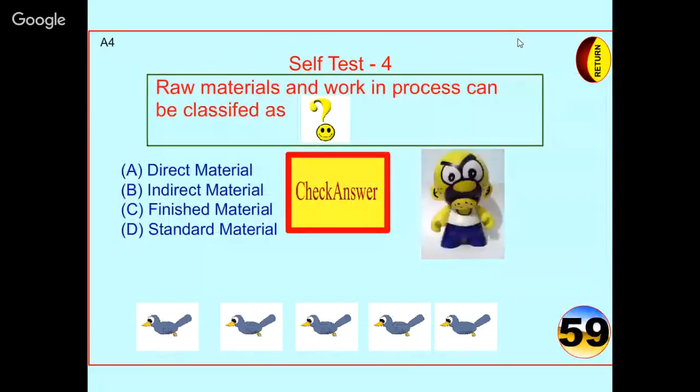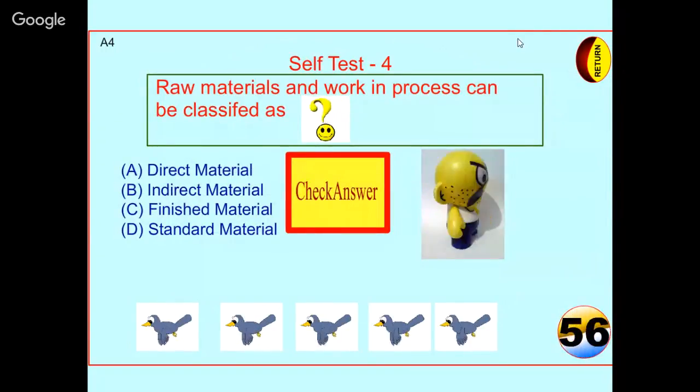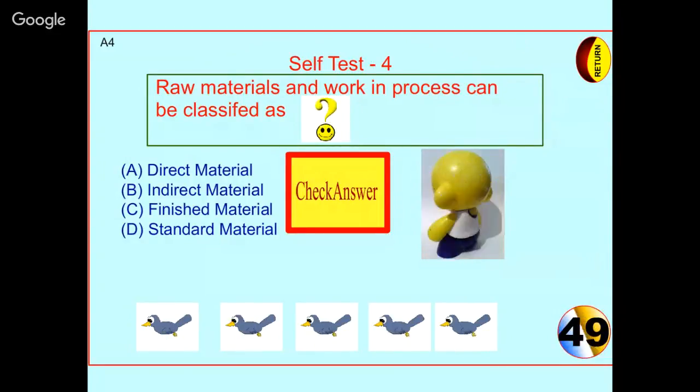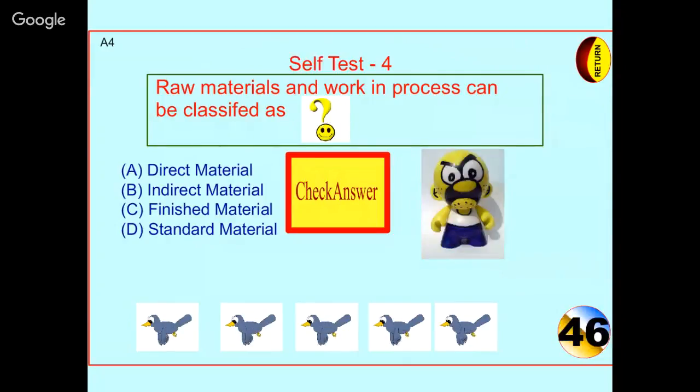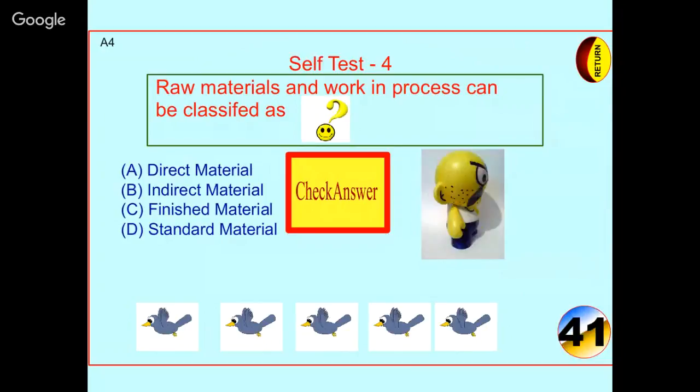Yes, here comes the question. Raw materials and work in process can be classified as direct material, indirect material, finished material, standard material. Your answer, please.